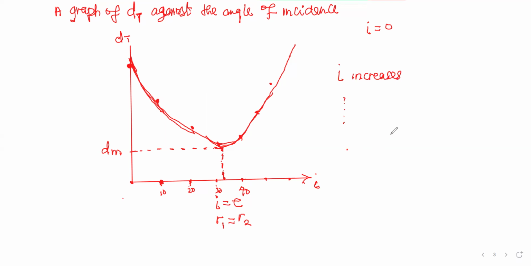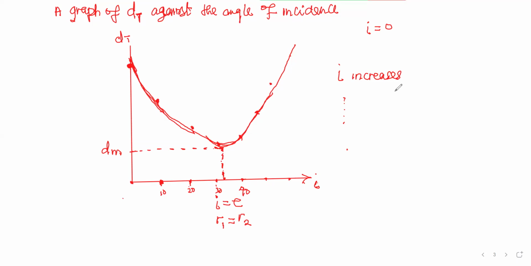Okay. And as you conduct the experiment, what you must expect is that as I increases, the total deviation will be decreasing. It will decrease to a least value, even though I is being increased, and then begin to increase again.